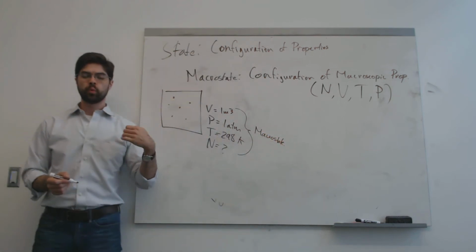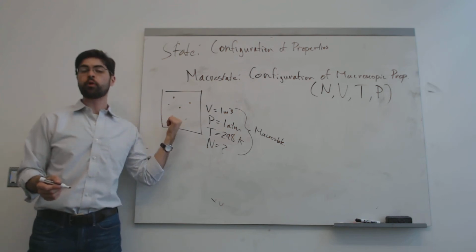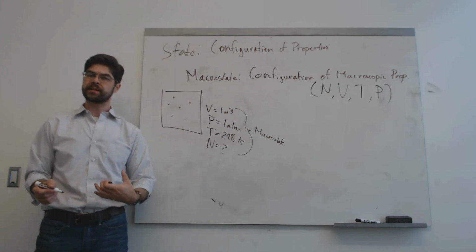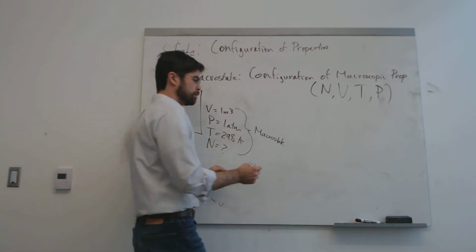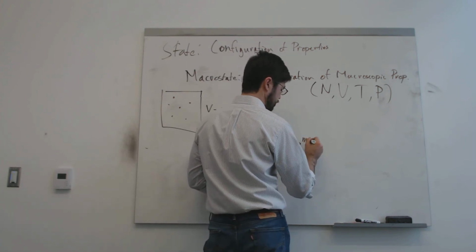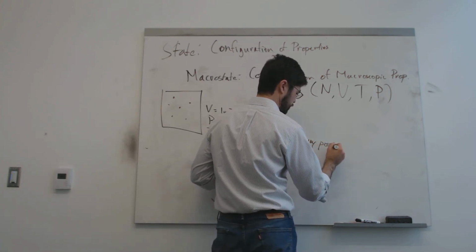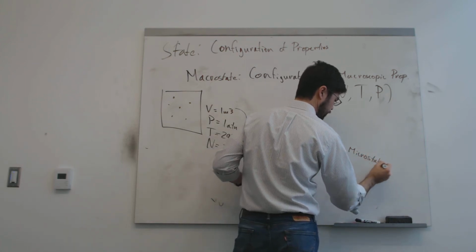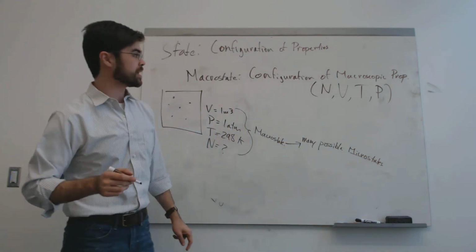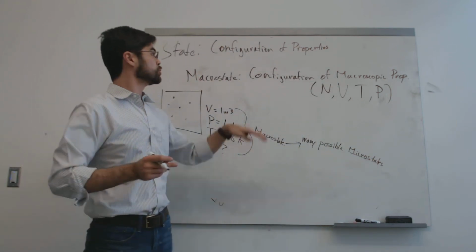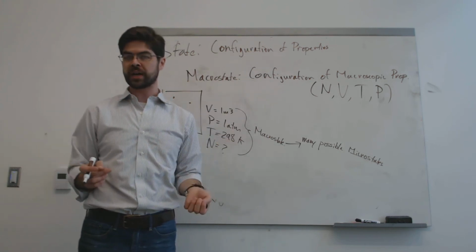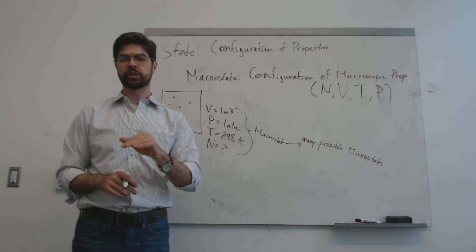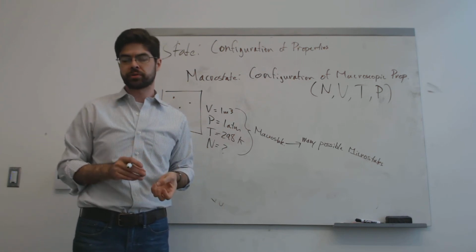Now, for this particular macrostate, there are in fact many possible microstates. A microstate gives you the configuration of the microscopic properties of a system, things that you can't actually measure exactly because the particles are too small.